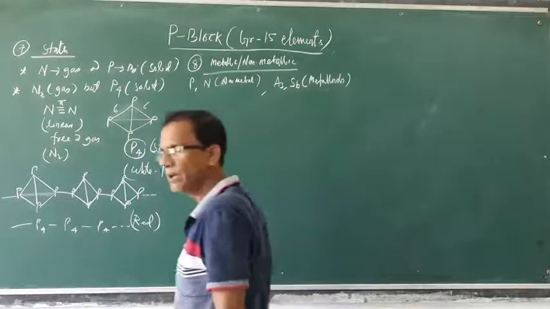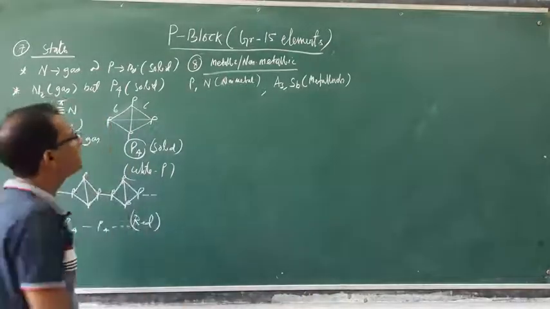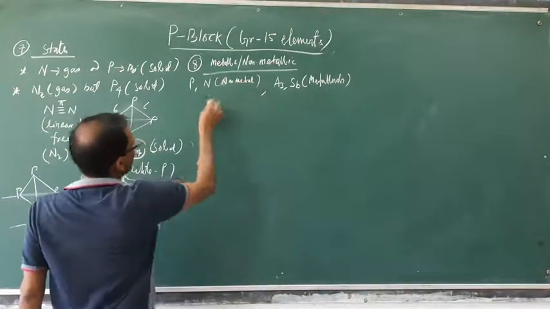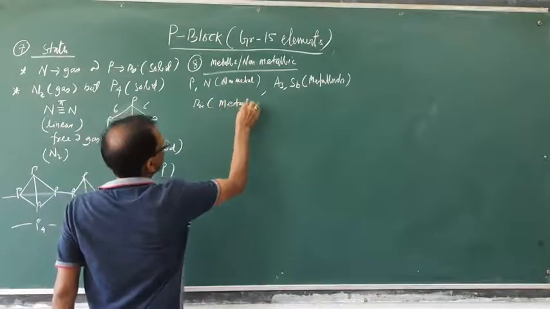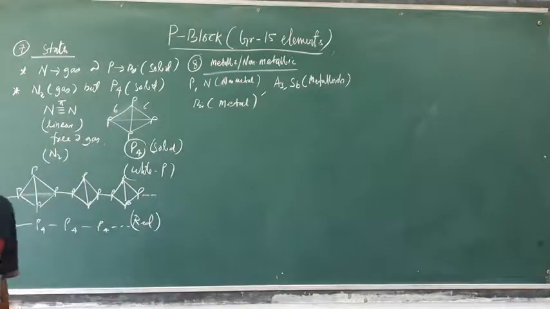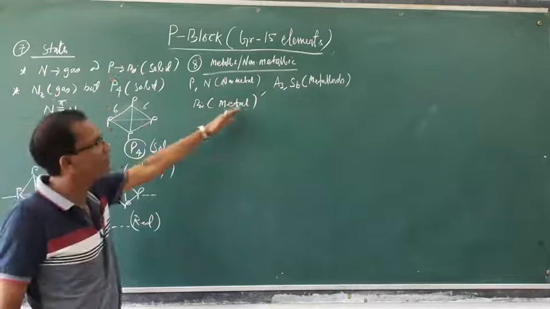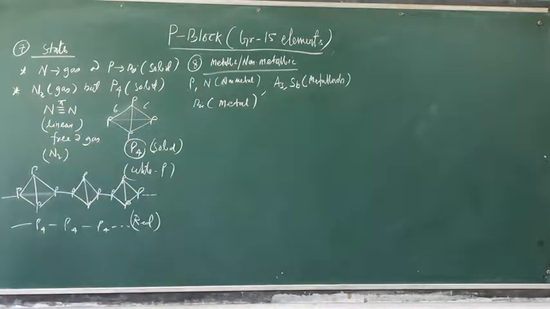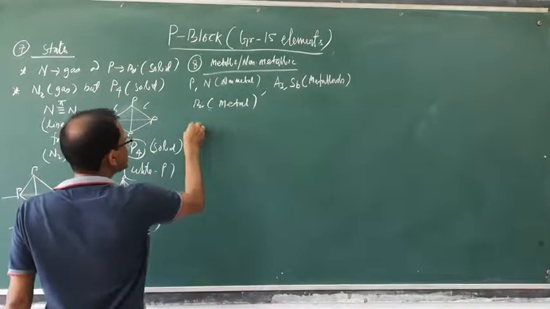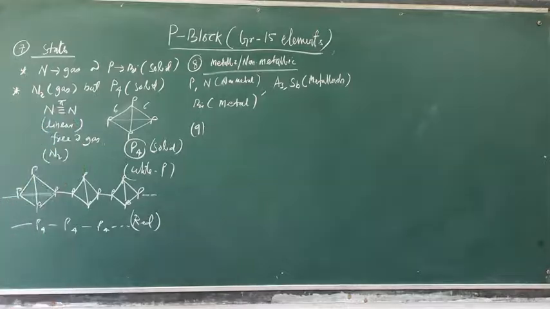Metalloids have both metallic and non-metallic character, and bismuth has metallic character compared to the others. So this is the metallic, non-metallic and metalloid nature of group 15 elements. So this is your physical state, then metallic and non-metallic character.